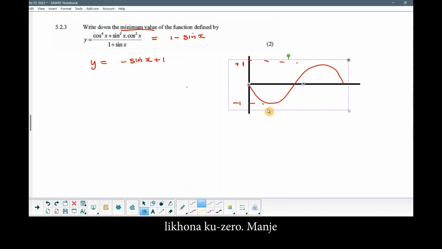Now, if I go back to where it was, if negative sine x has a minimum value at -1, and I add 1 to -1, my new minimum is equal to 0.